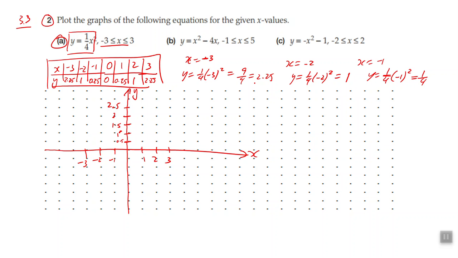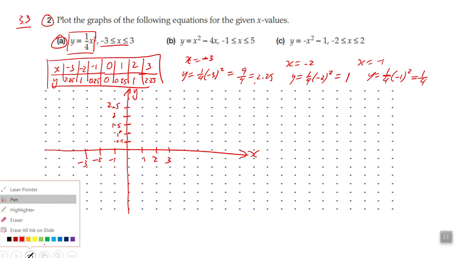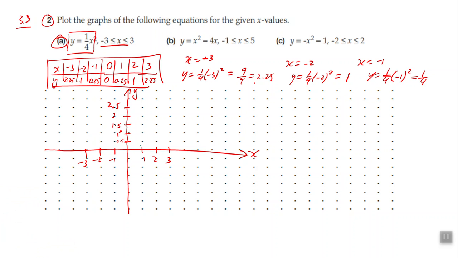So let's plot it. When x is 0, you get 0. When x is 1, you get 0.25. 0.25 is half of 0.5, so it's here. When x is 2, you get 1, so it's here. When x is 3, you get 2.25, which is here. And it's essentially the same over here.